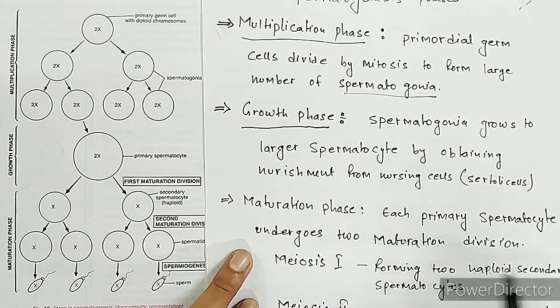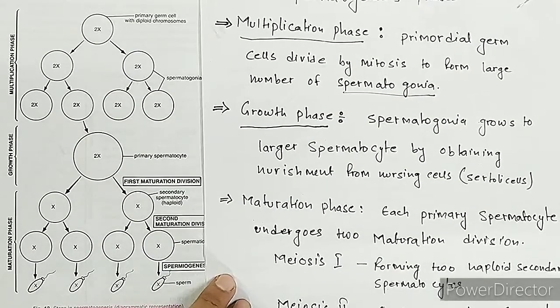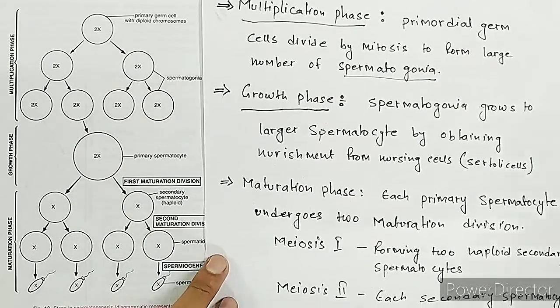From here, in the maturation phase, the primary spermatocyte undergoes 2 maturation divisions, called meiosis 1 and meiosis 2.